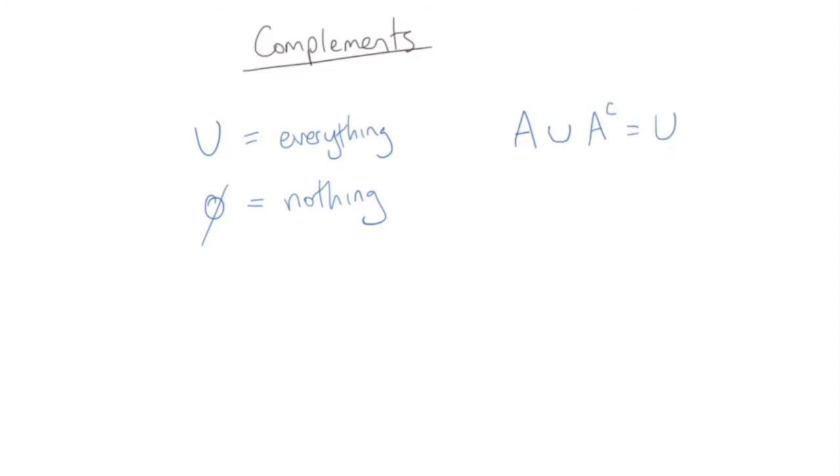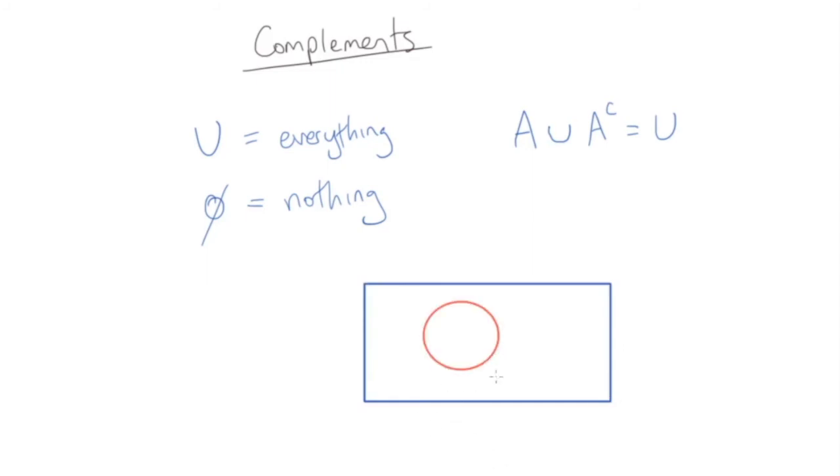And if you think about that one visually, if this is the universe and this is A, so this is A's complement, the union, the total area will be the universe. Then at the same time, if we took the intersection between A and its complement, we get the empty set.